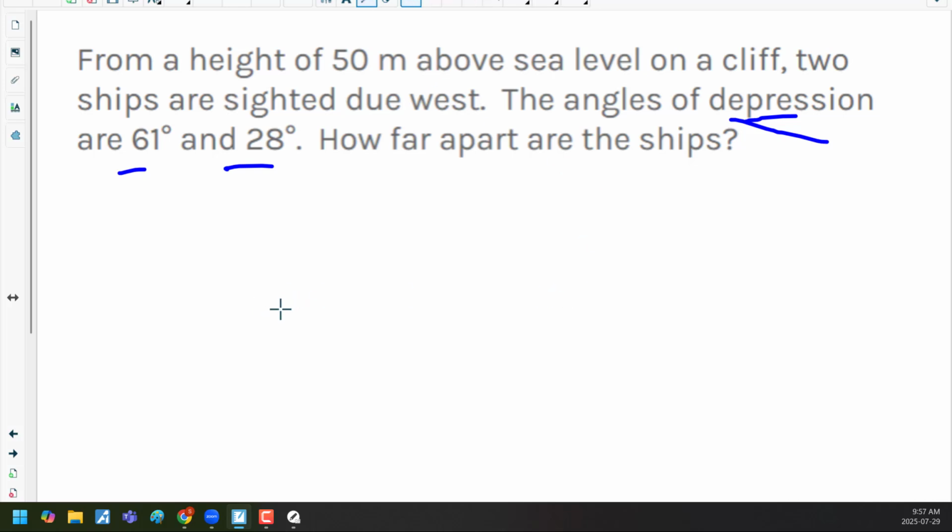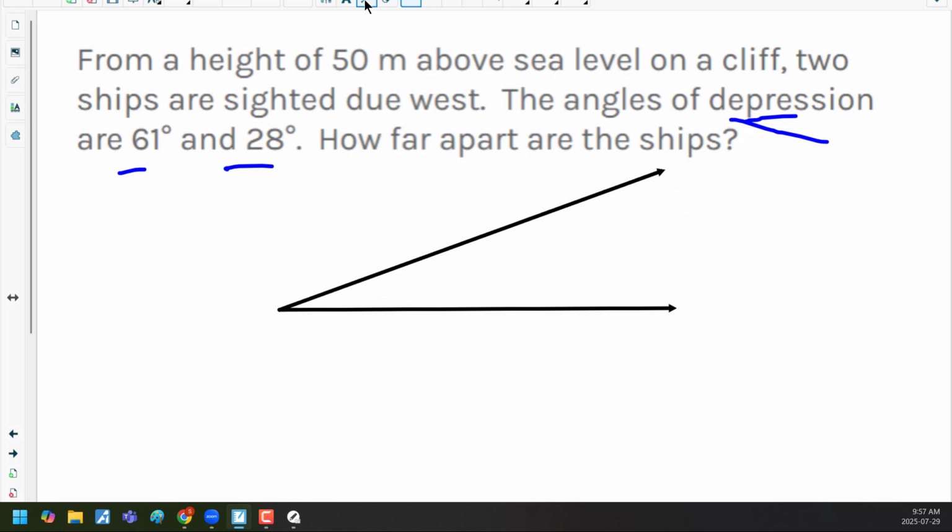Let's say you're looking straight down the middle here. If you're looking straight down the middle and you start looking upwards, that is called the angle of elevation. Most students get this one right. It's kind of common sense: elevate, look up.